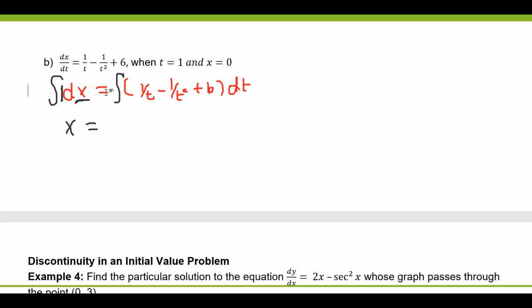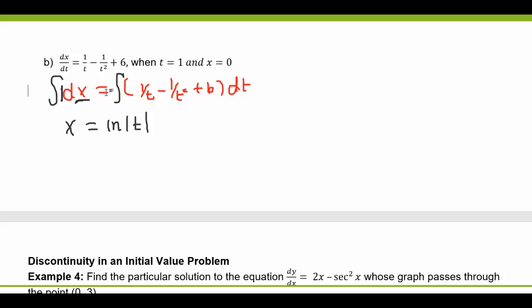1 over t is really like t to the negative 1. So the rule is to add 1 to our exponent. So that's where we get the special case, or ln. So 1 over t's antiderivative is ln, absolute value of t. T to the negative 2, well, that one you can add 1 to it.